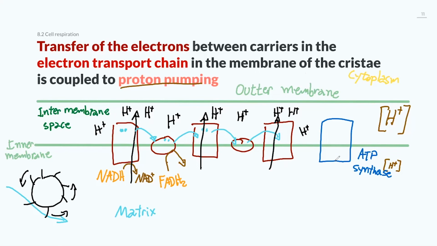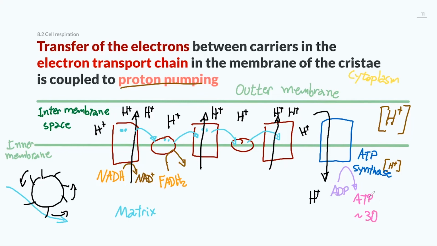Well, the ATP synthase works pretty much the same way, but instead of using water to move it, it's going to use protons. So the protons are going to come back through the ATP synthase and make it move and make ATP. Like lots of it.